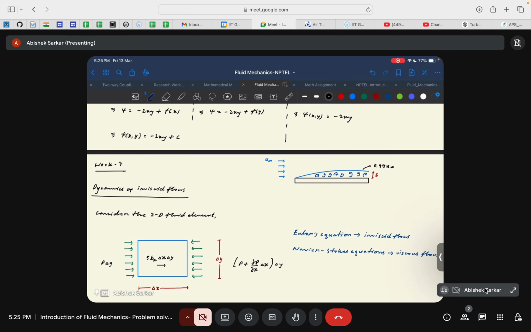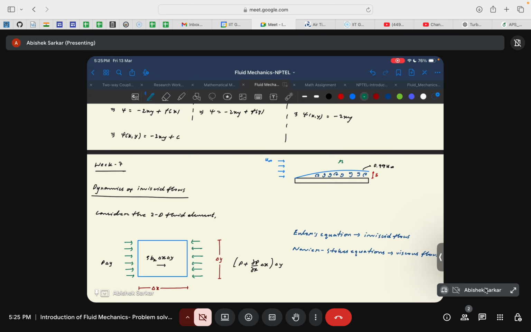That's why we are considering it. So now you may ask, what happens beyond the boundary layer? Beyond the boundary layer, viscosity is not zero. Of course, viscosity cannot be zero. It cannot happen that within the boundary layer viscosity is non-zero, and just beyond the boundary layer viscosity suddenly becomes zero.